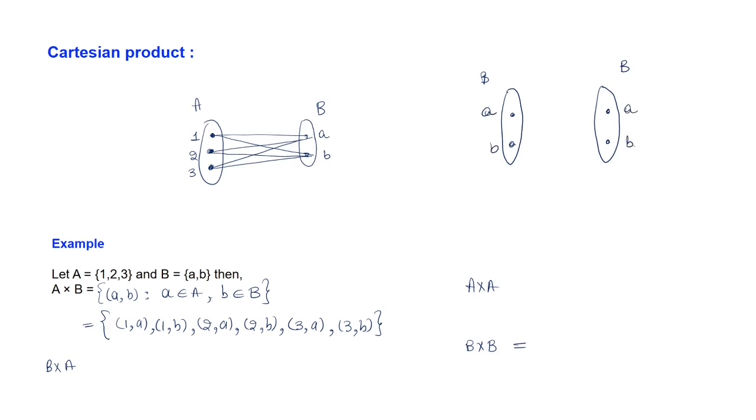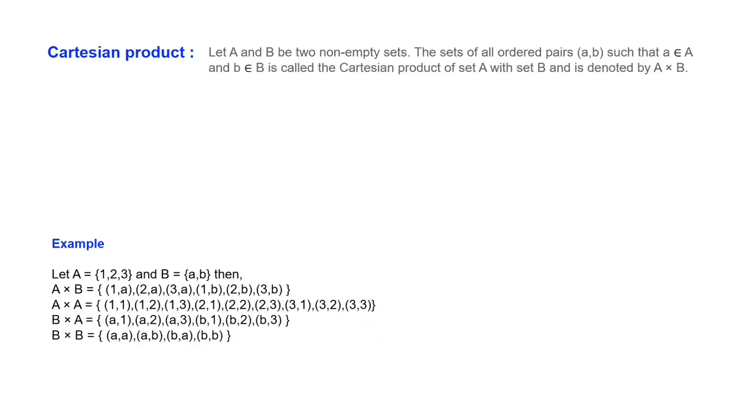Now the first element of the first set will map to every element of the second set, and so will the other elements. So B cross B will contain the elements (a, a), (a, b), (b, a) and (b, b). So here is the definition of Cartesian product.